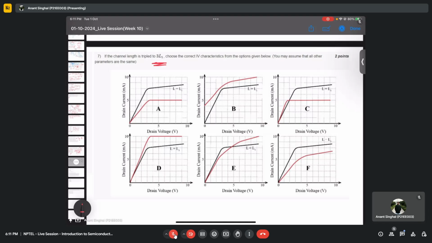Think more if you are saying F. And the question is saying that the channel length is tripled, like it has increased three times.